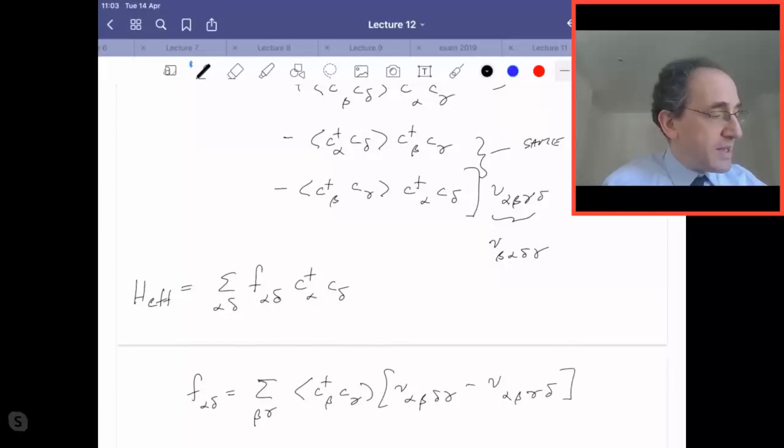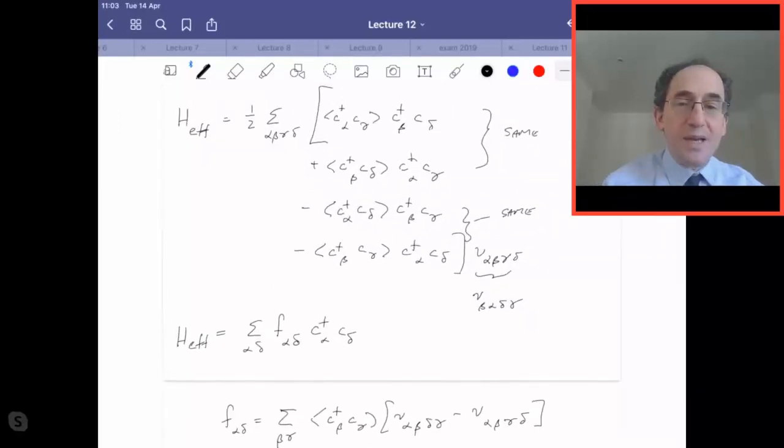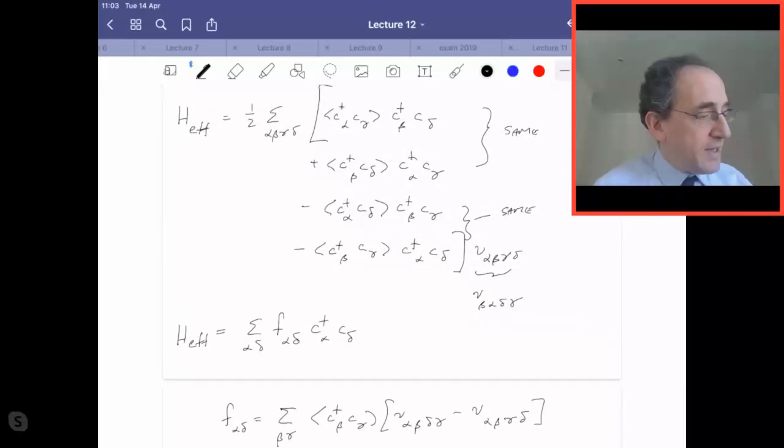Okay, and let me make this a little smaller so you can see everything at the same time. There. So two of the sums are here and two of the sums are here. The expectation is always put here. V is here, and then the order of the V gets switched: alpha beta delta gamma here and alpha beta gamma delta here with a minus sign.